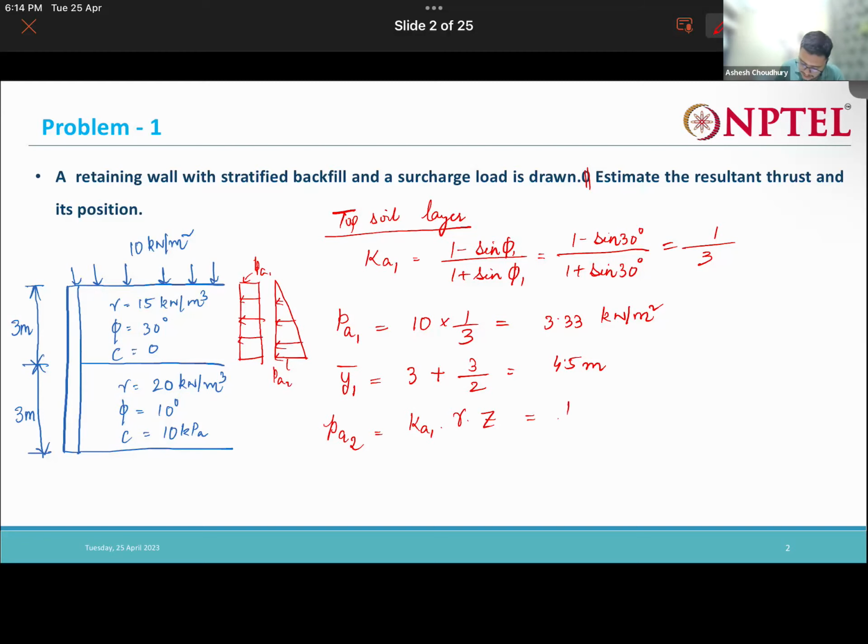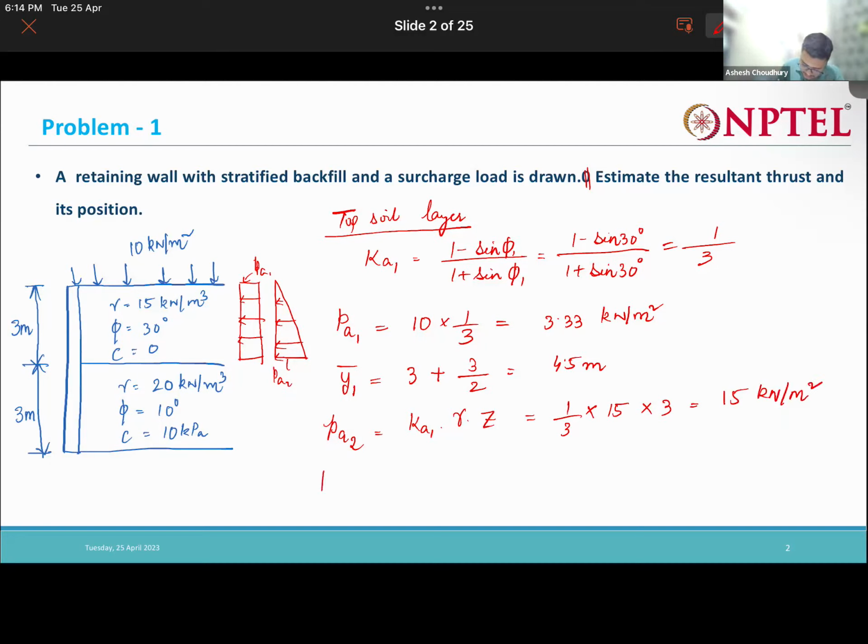The value of small PA2 is 1 by 3 into gamma, where gamma is 15, into the depth of 3 meters, so it will be 15 kilonewton per square meter.